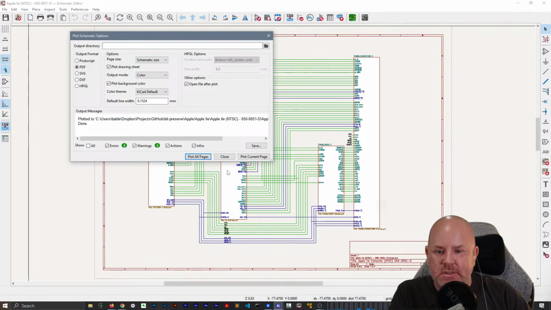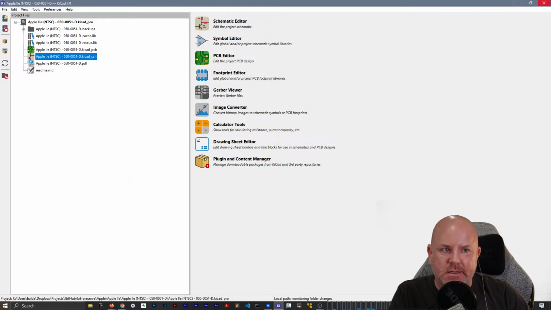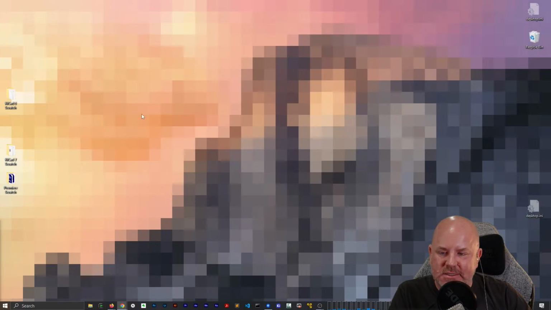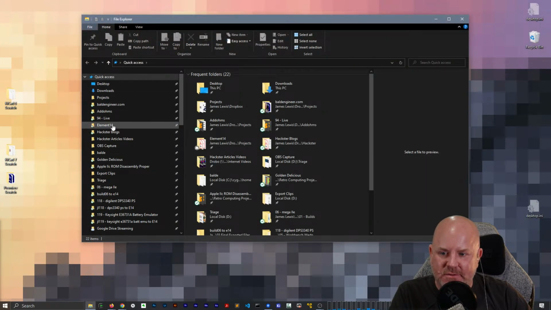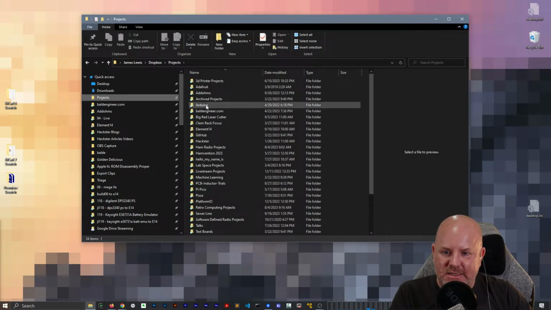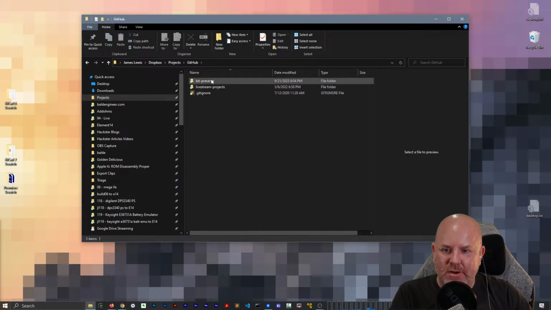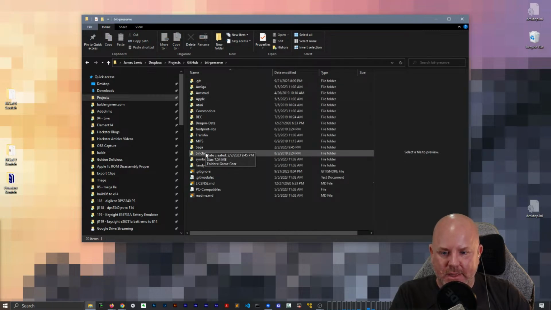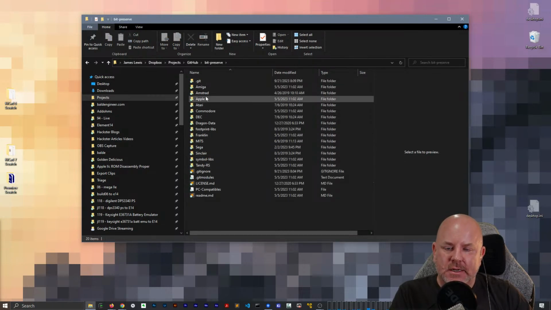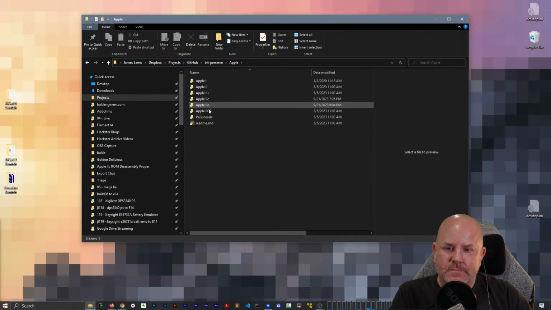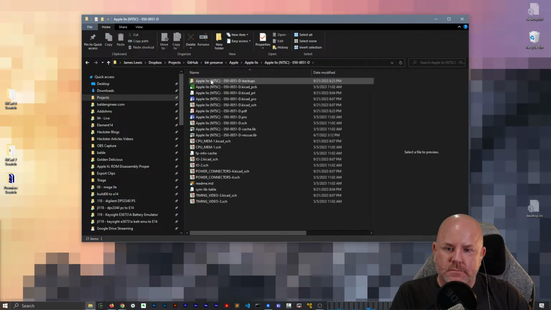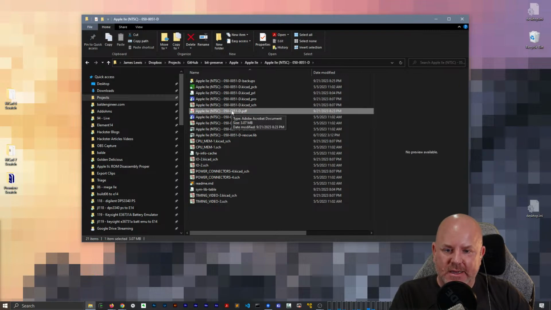So let's go ahead and close that. And then I want to see how that shows up as the file name. I think I just want to leave the file name as is, because that way somebody else can just come in, click plot, and be done. Yeah, we're just going to leave it as that.